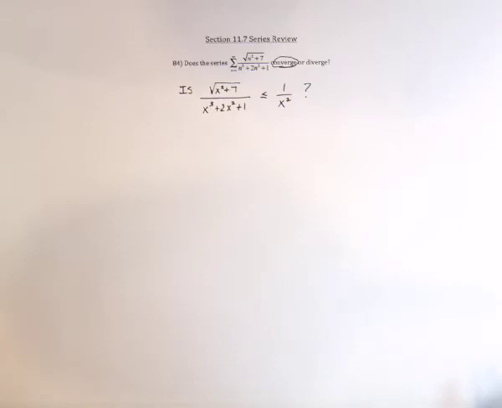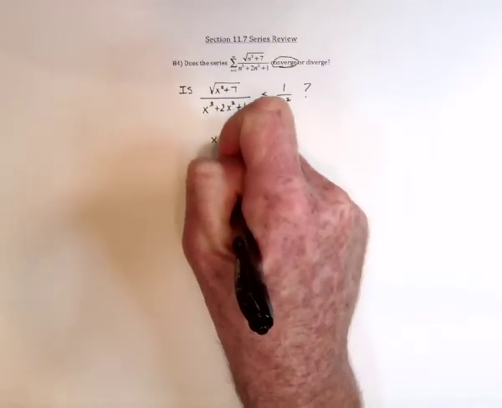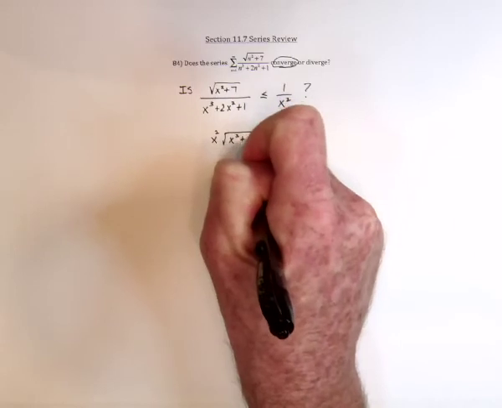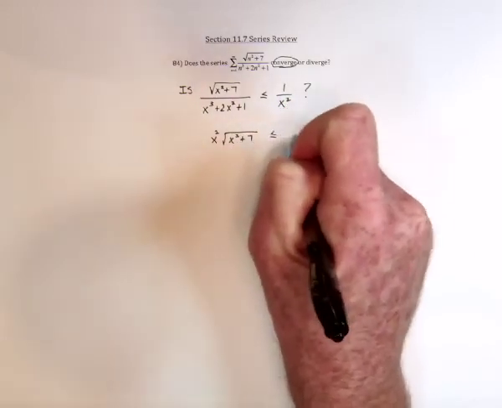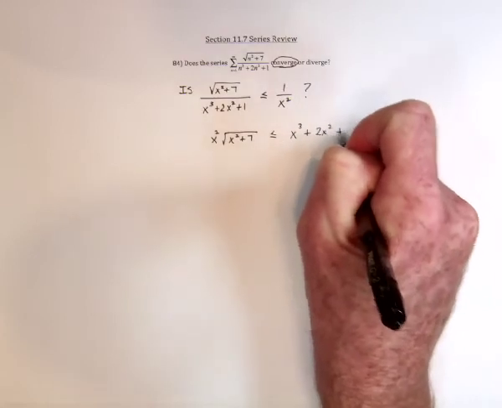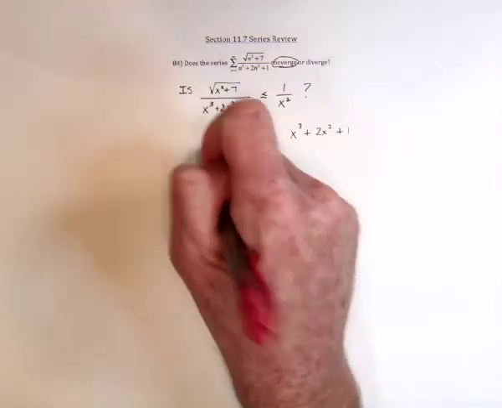Alright, then we need to find out what values of x this is true for. So I could cross multiply, so I'd have x times the radical, x squared times the radical. When is that less than or equal to x to the third plus 2x squared plus 1? And then in order to get rid of the radical, square both sides.